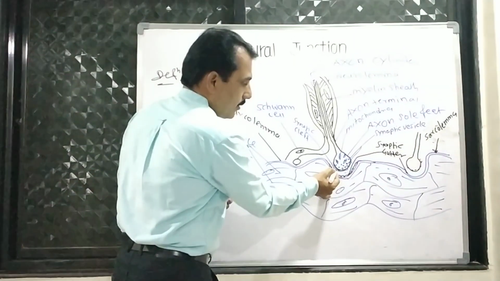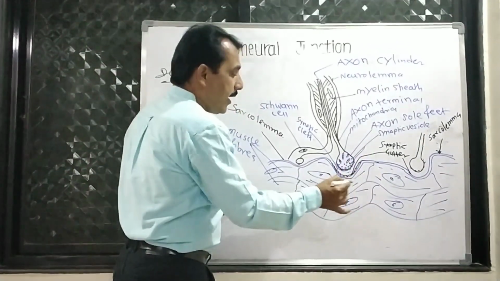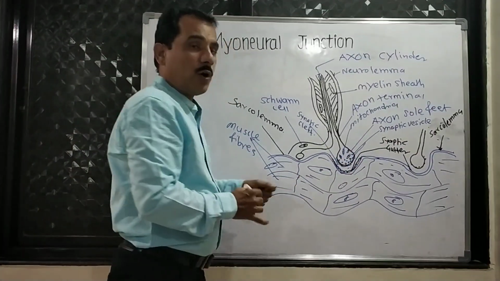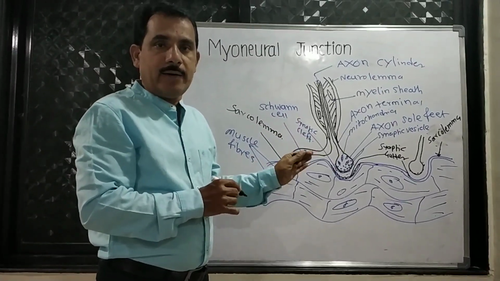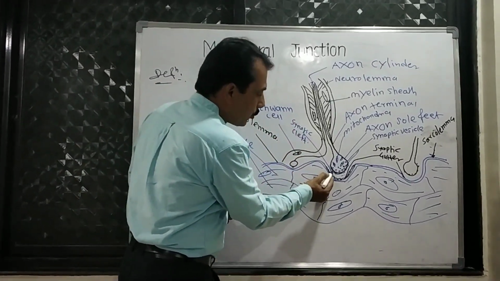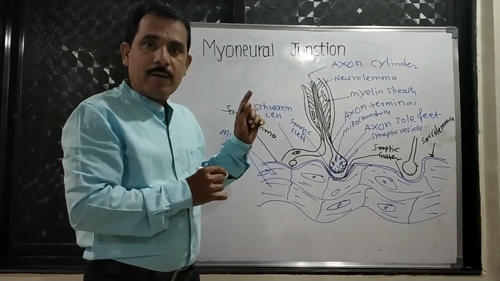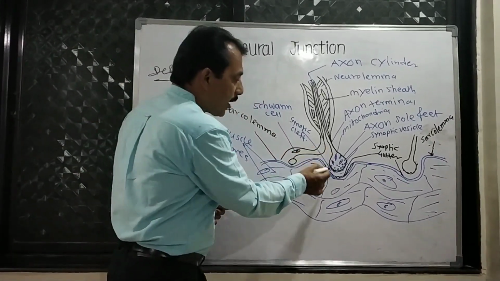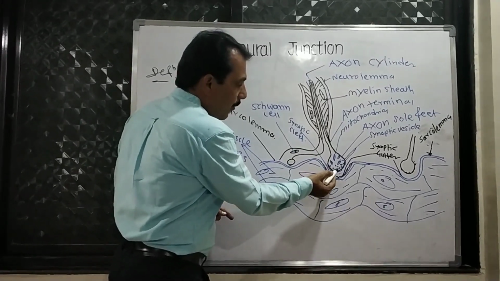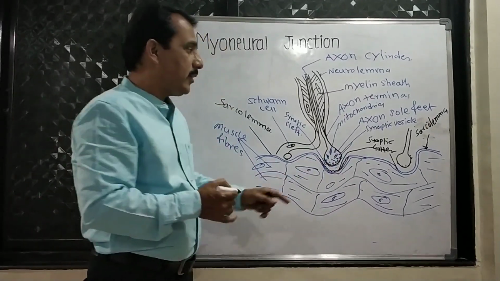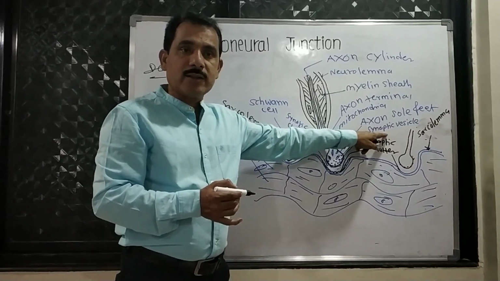Now we'll see this axon sole foot. First of all, it is covered by a membrane, shown by the blue line, which is called the pre-junctional membrane. Within the axon sole foot, you will see the vesicles, which are called synaptic vesicles.